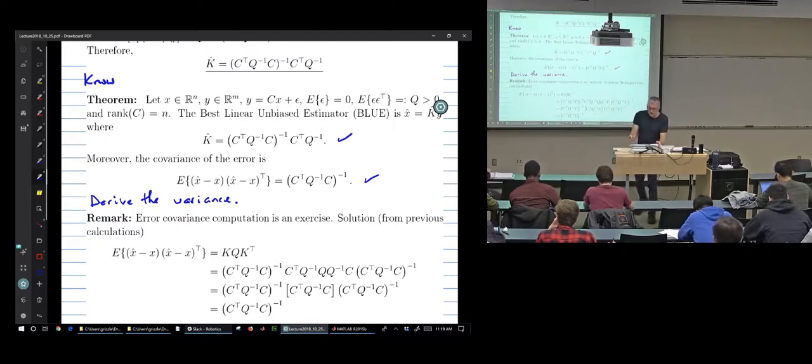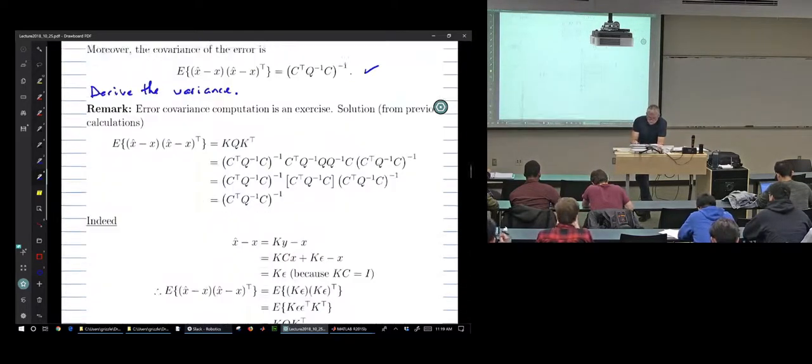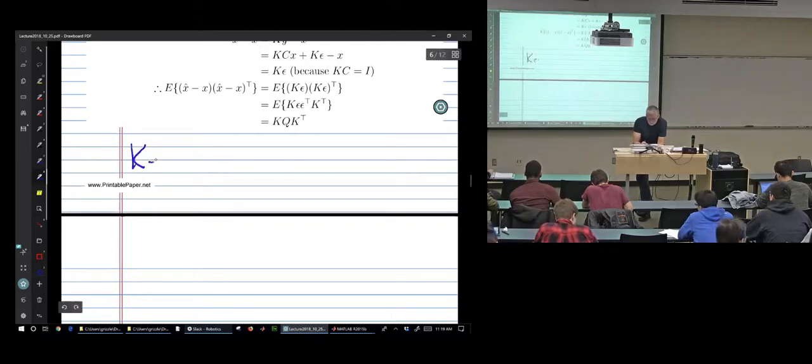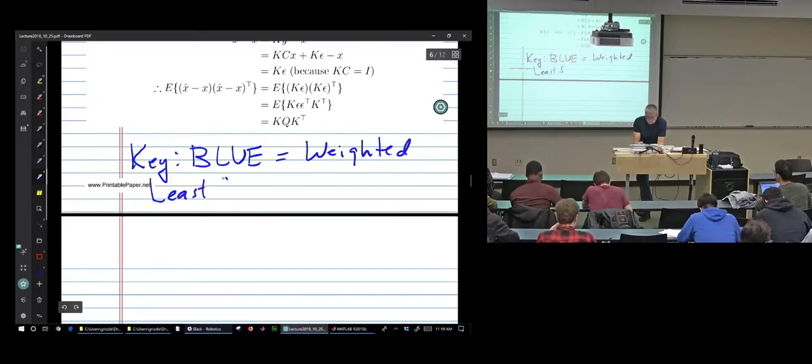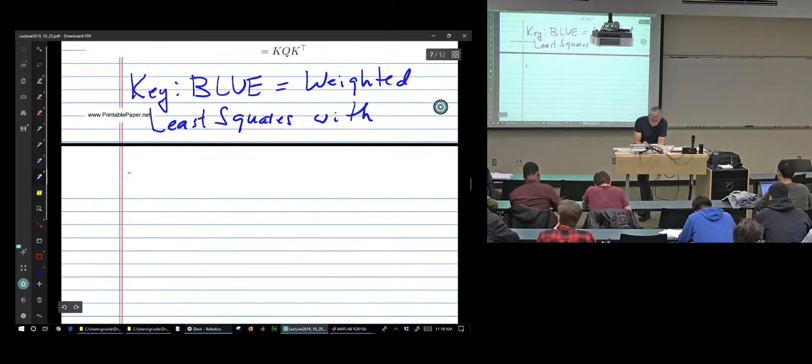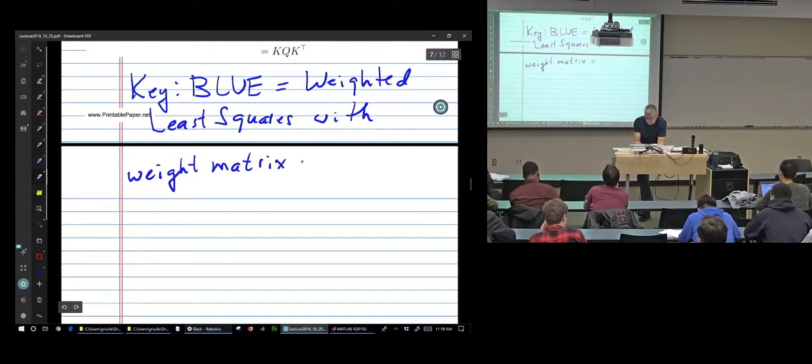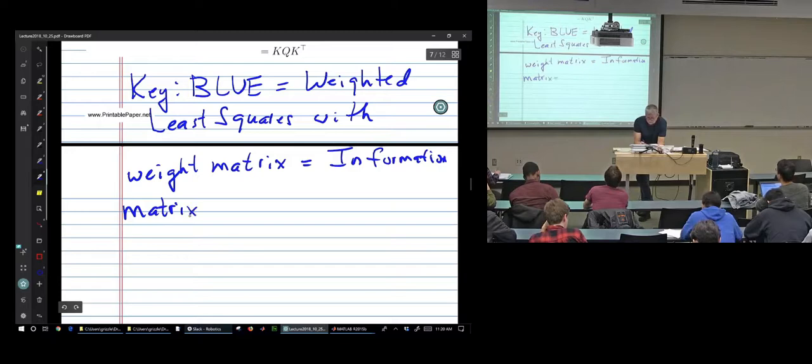That's the variance. So the key point: BLUE equals weighted least squares with weight matrix equals the information matrix. And that's the inverse of the covariance of the noise.